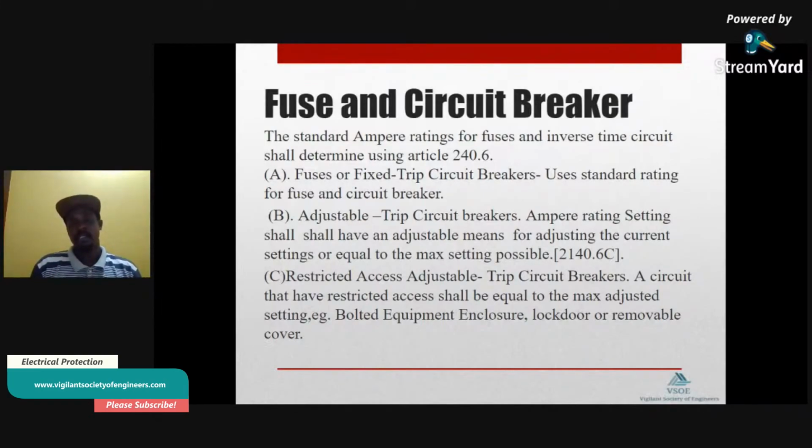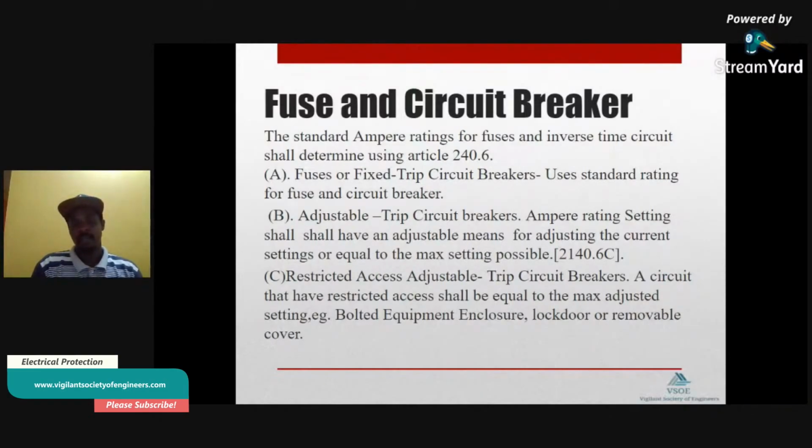All right? So an adjustable trip circuit breaker should be adjusted to the value for protecting the circuit, right? And where there's restricted access, there should be an adjustment for the breaker to actually allow maximum protection for the circuit, right?